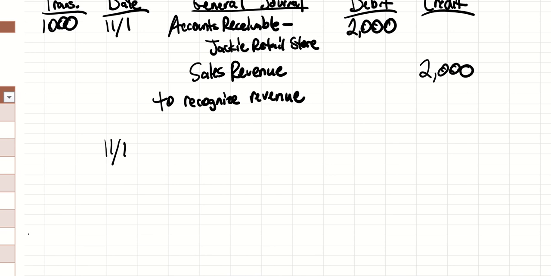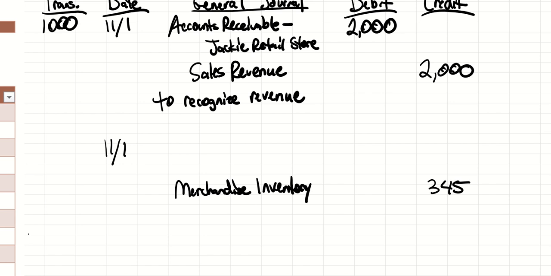To recognize the expense, we first have to take out the cost from the inventory balance. In order to do that, we're going to credit merchandise inventory by $345. That's going to reduce the balance in that account.